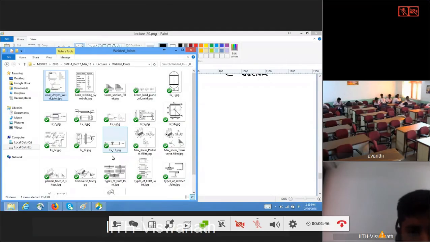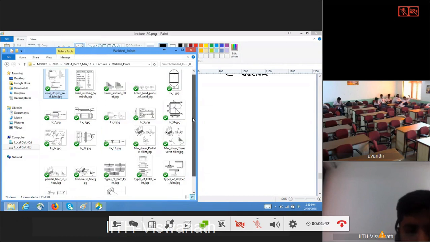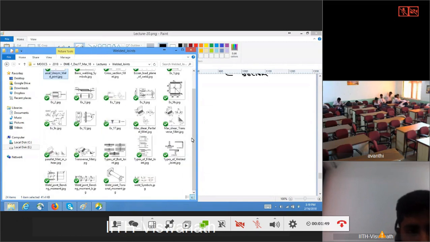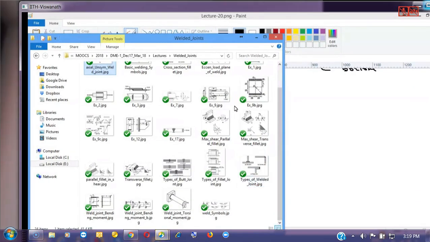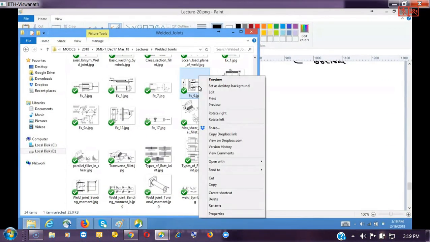When you're designing some gantry girders and other things, sometimes you will get these kind of things where your eccentricity is only in the plane of the weld. This generally comes for the brackets. So I will show that.